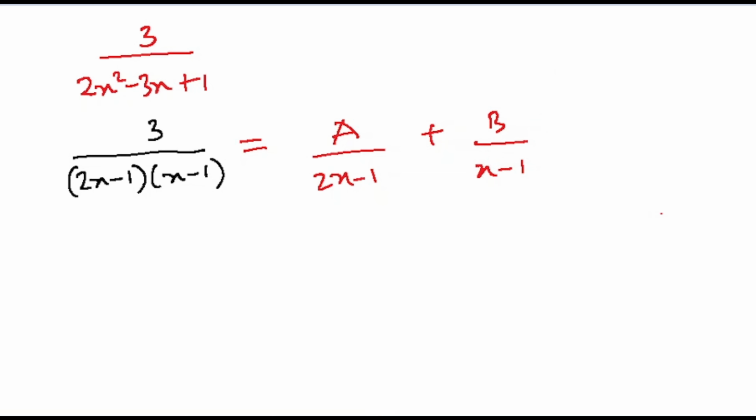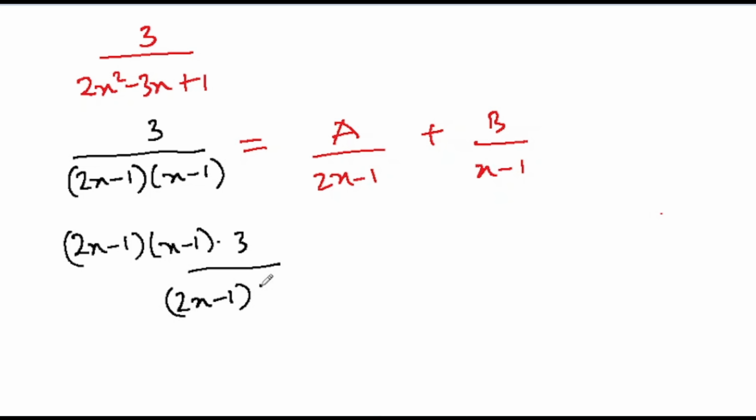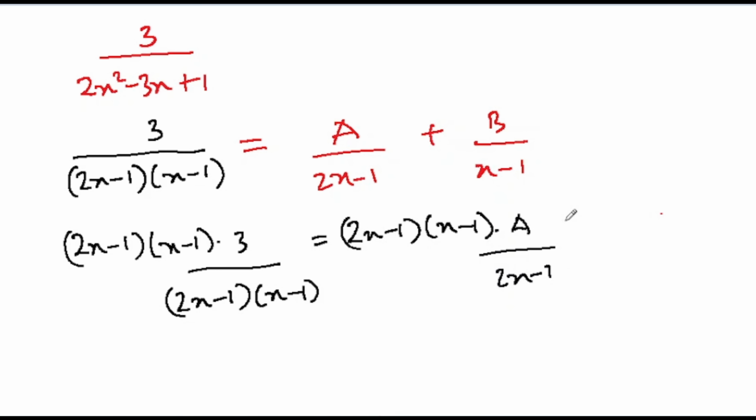So the next step we're going to take is to multiply all through by (2x minus 1)(x minus 1). That's going to give us (2x minus 1)(x minus 1) times 3 divided by (2x minus 1)(x minus 1). Then (2x minus 1)(x minus 1) multiplied by A divided by 2x minus 1, and (2x minus 1)(x minus 1) times B divided by x minus 1.